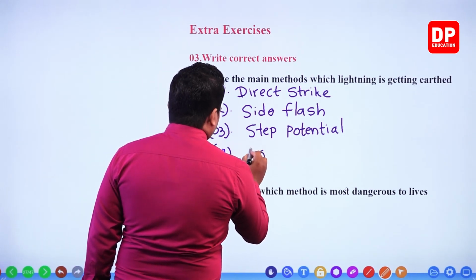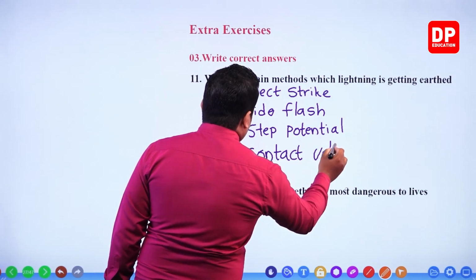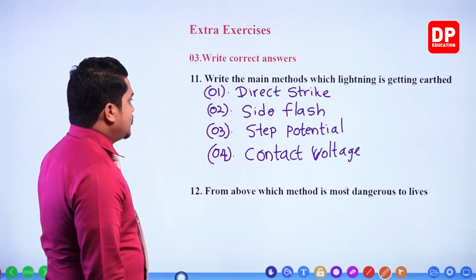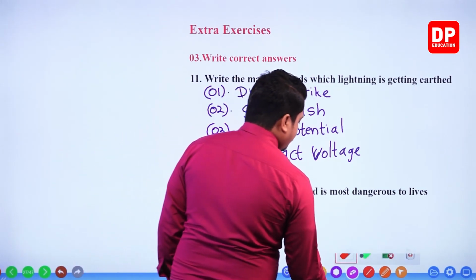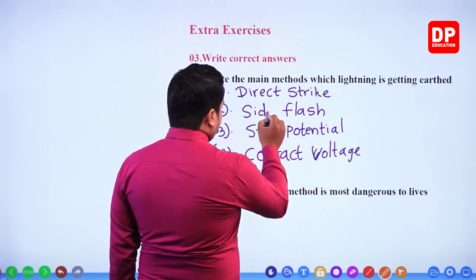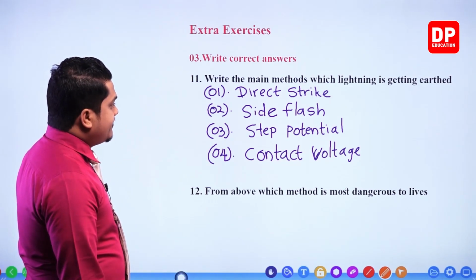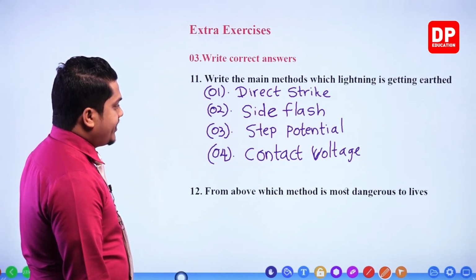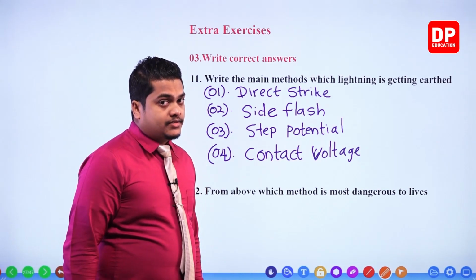Contact voltage. So direct strike, side flash, step potential, contact voltage. So these are the main methods which lightning is getting earthed.